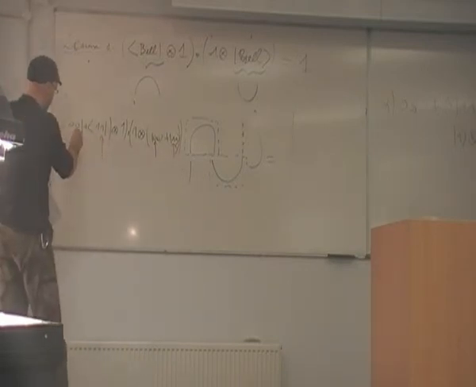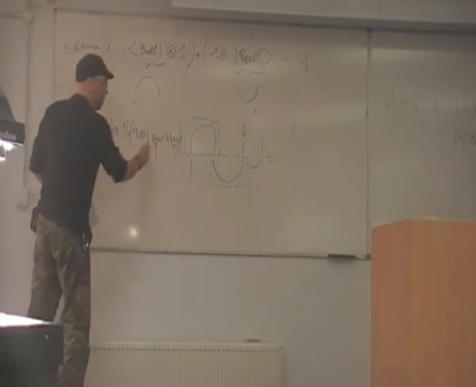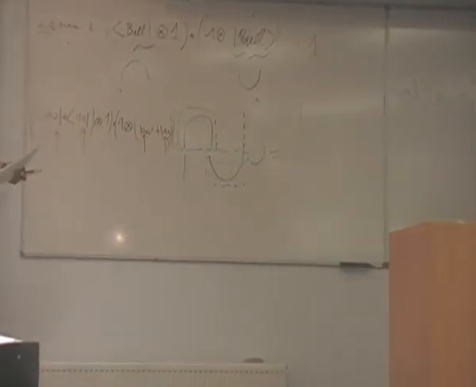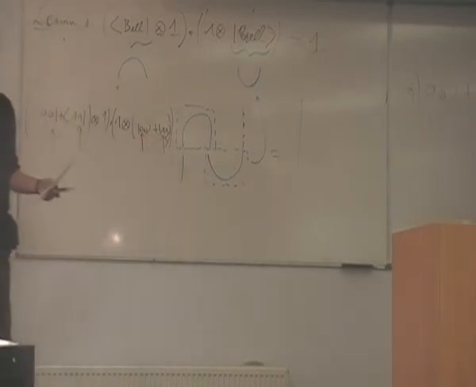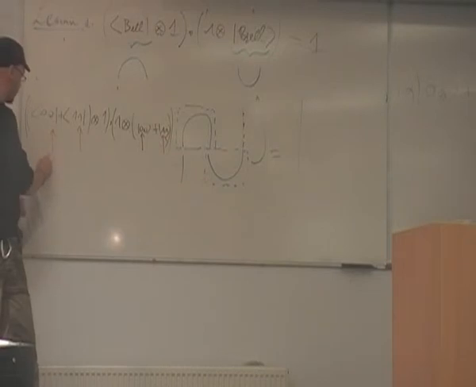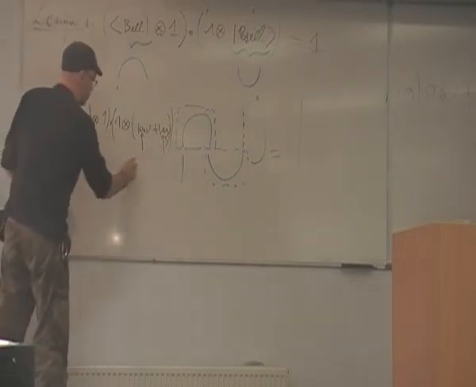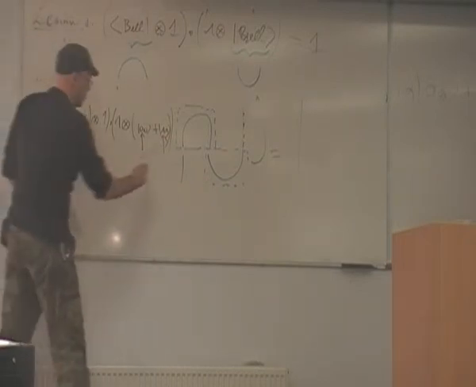So if I take the inner product of 0 with 0, that's the number 1, that's okay. If I take the inner product of 0 with 1, I get 0. So the only terms which are going to survive are this one together with this one, and this one together with this one.